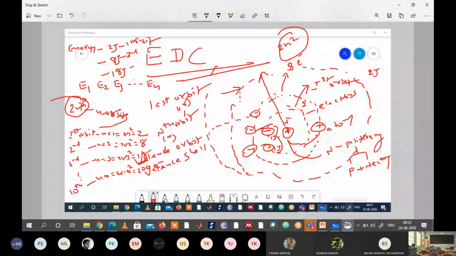E1 is less than E2, E2 is less than E3, E3 is less than En. So En, which is the nth orbit energy, is very, very much larger than that of all the other orbits. Very, very important equation.